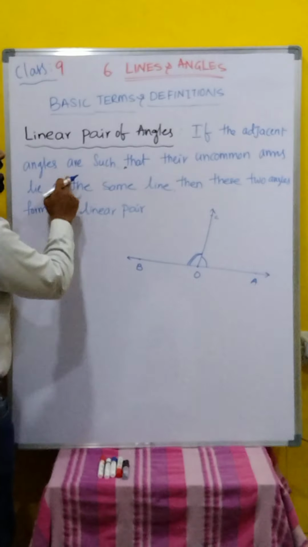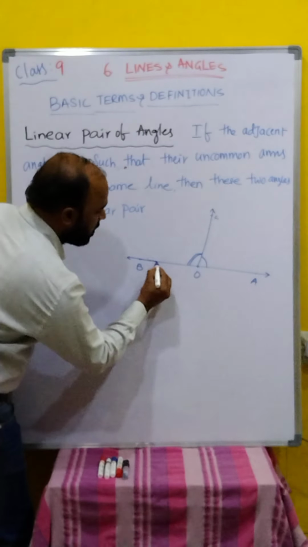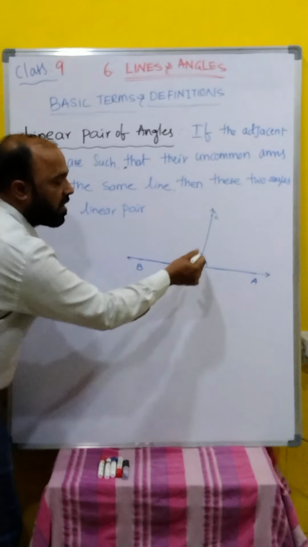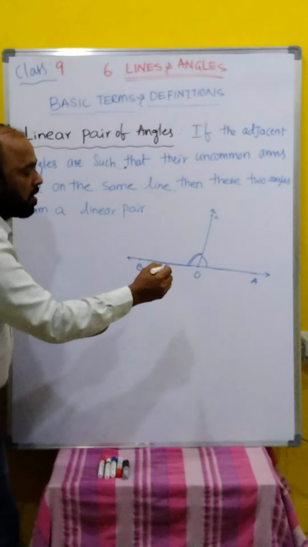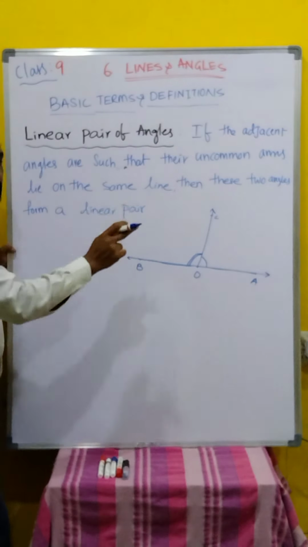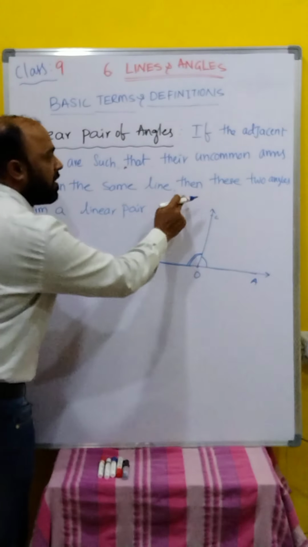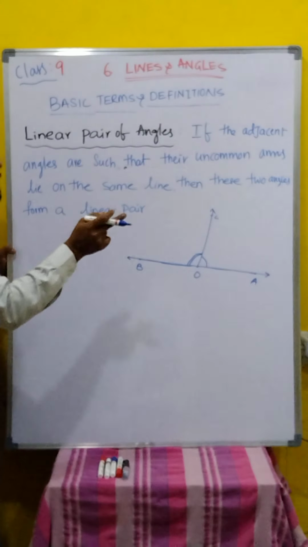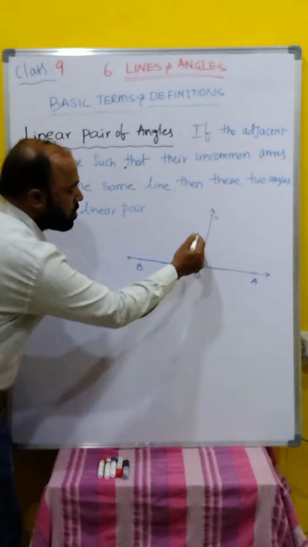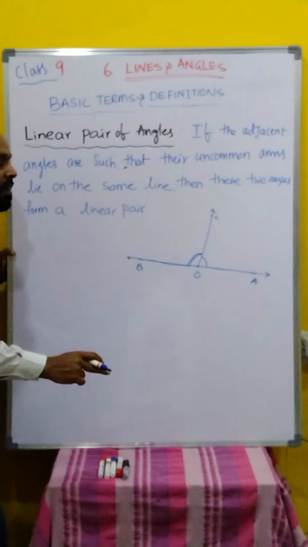The uncommon arms are OB and OA. OC is the common arm. OA and OB are on the same line. Then these two angles form a linear pair. Angle AOC and angle BOC form a linear pair.